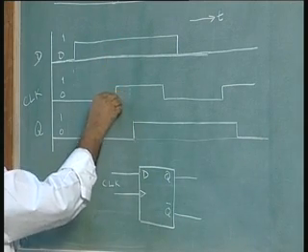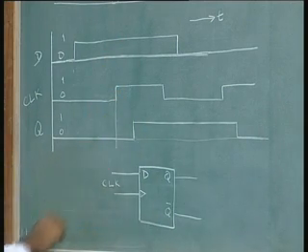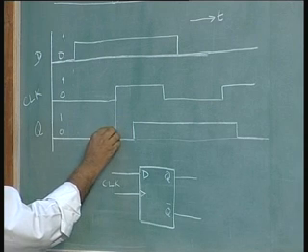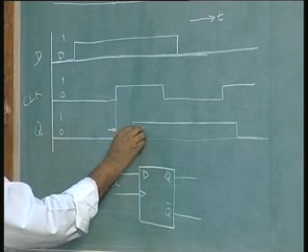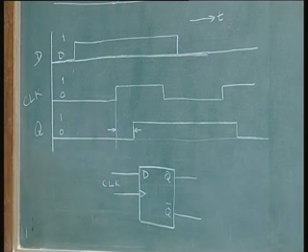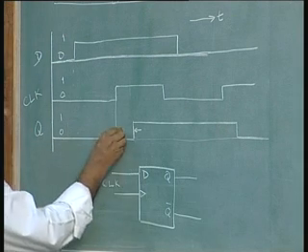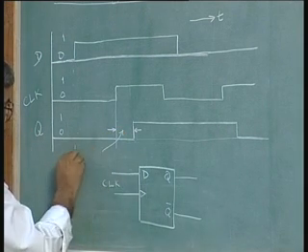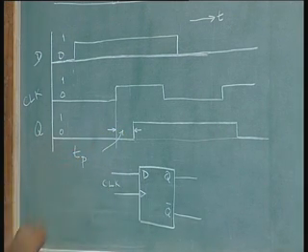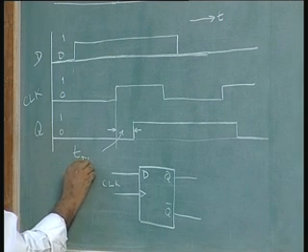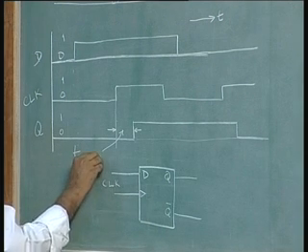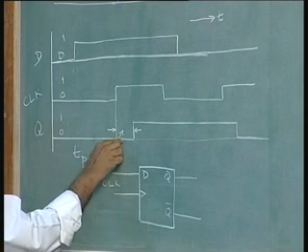This should happen here, but it happens a little later because of the propagation delay. So this period is called TPLH, propagation delay from low to high.